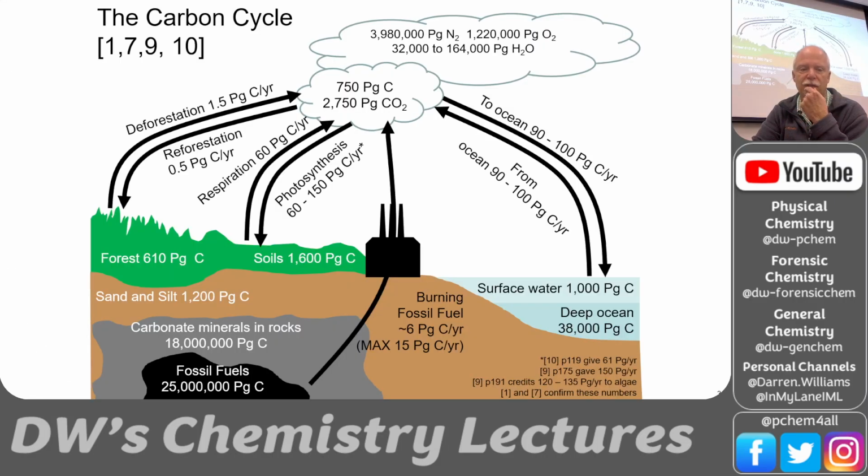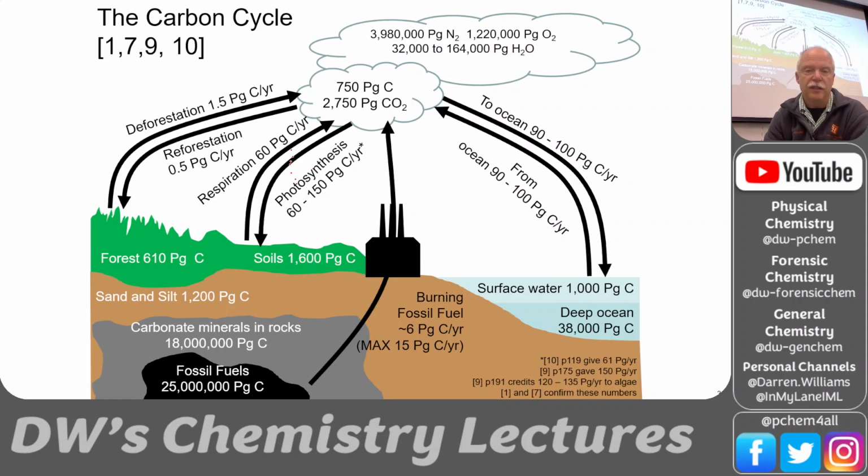So let's look at the carbon cycle. Burning these fossil fuels, we're taking it out of subterranean and we're blowing that carbon into the atmosphere. And so if we put up that much CO2, what are the other sources and sinks of CO2? Well, we have photosynthesis, right?